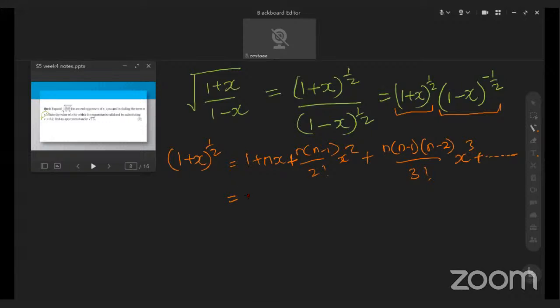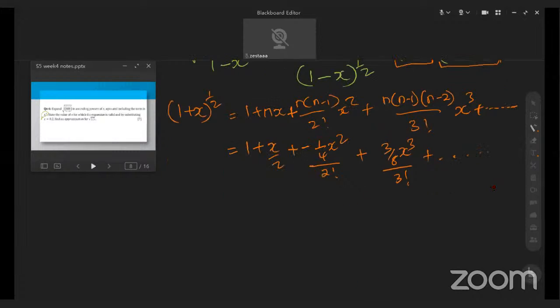It is 1 plus x over 2, plus negative 1 over 4 x squared over 2 factorial, plus 3 over 8 x cubed over 3 factorial. Then plus continuous.